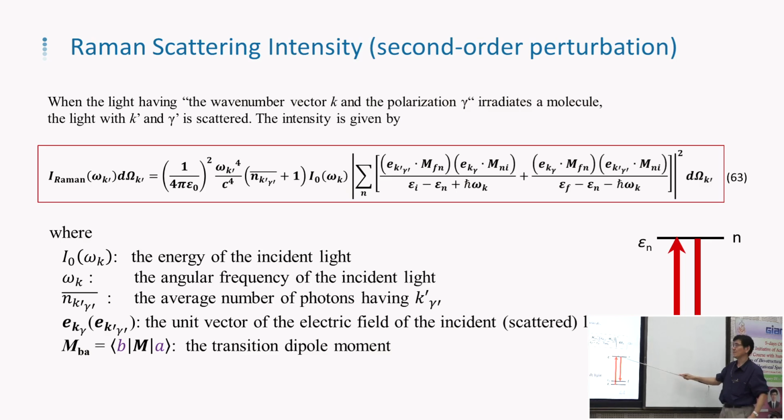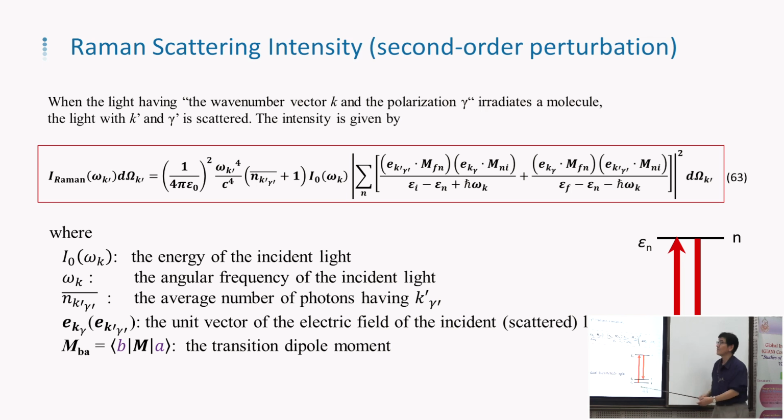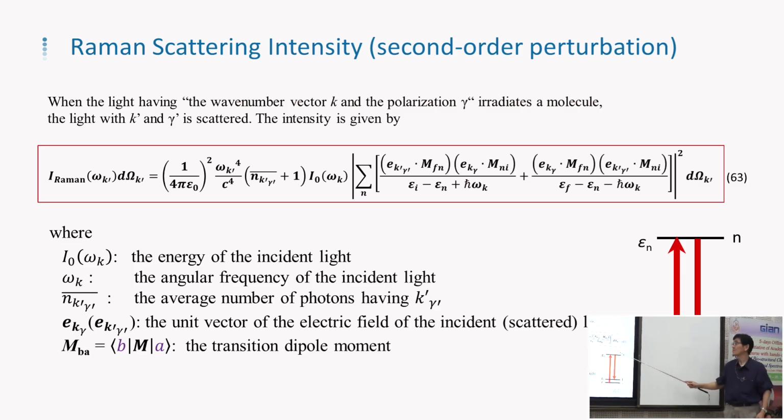If this is a forbidden transition, intensity does not appear. Okay? And this is in the case N is a real state. If there is a virtual intermediate state N, then this is virtually non-zero. Okay, because it includes all the possibilities.